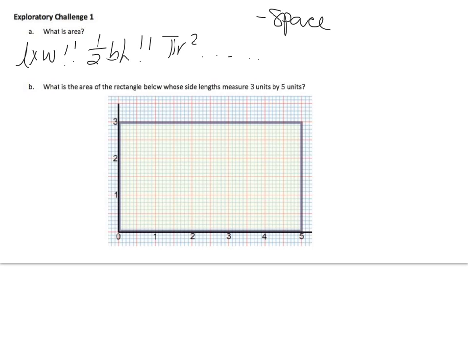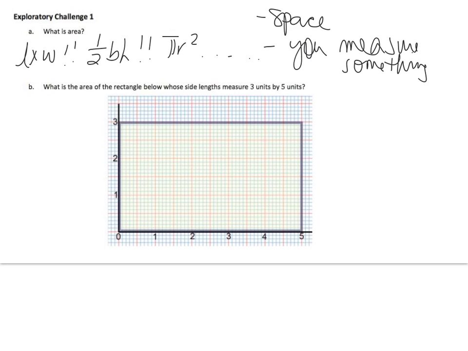It's a set space. I don't know, it's where you measure something. But we are going to talk about area today.